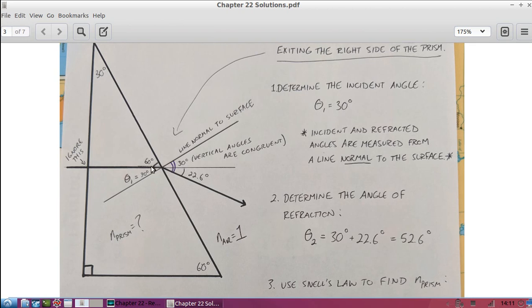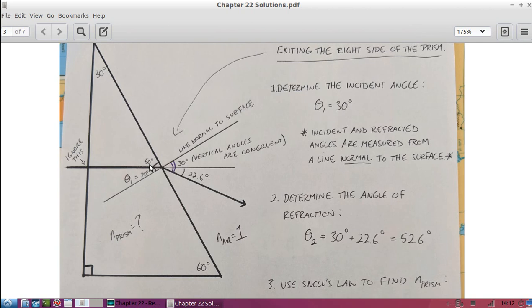So it's actually hitting at an angle of 60 degrees with respect to the surface, right? Because this whole triangle right here is a 30, 60, 90. I just made a smaller 30, 60, 90 with that laser beam. So that laser beam is the base of this small triangle right here, but it's still a 30, 60, 90. So this angle is 60 degrees. But that, again, that's not my incident angle.